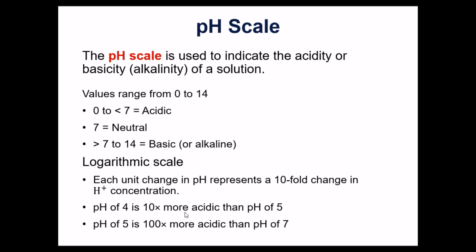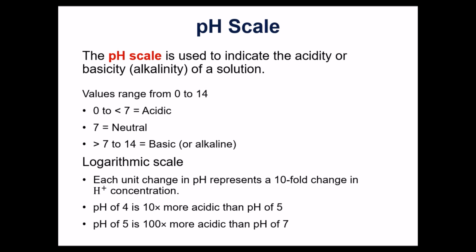The other thing we need to understand, which a lot of folks don't, is that the pH scale is actually a log scale. In other words, a change of 1 unit of pH really represents a 10-fold change in how concentrated the hydrogen ions are. For example, if you're comparing 2 solutions, one is pH 4, I know that's an acid, and one is pH 5, that's also an acid. The pH 4 solution is 10 times more acidic than something that's pH 5 because it has 10 times more hydrogen ions in it.